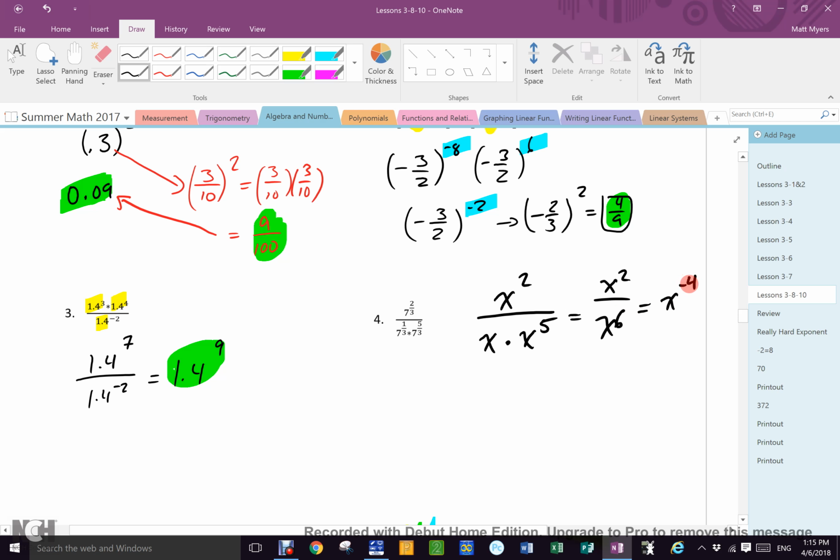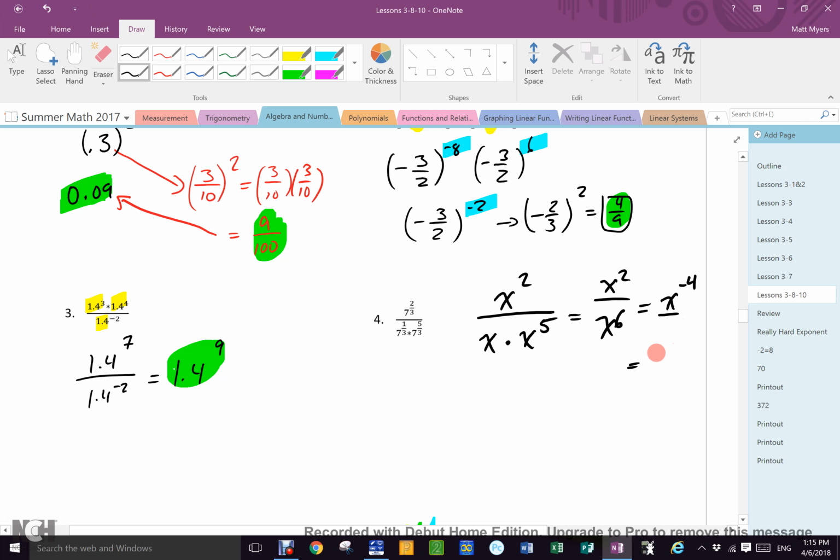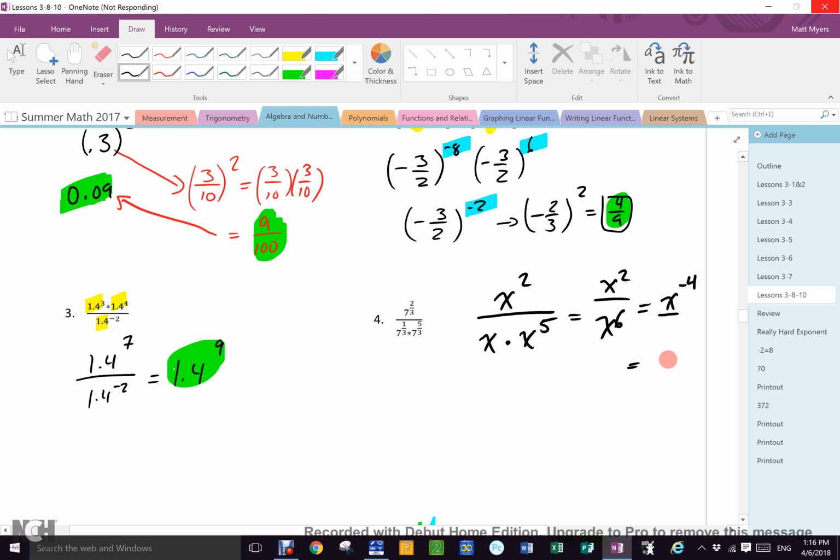And since that's x to the negative 4, that's really x over 1, right? So really, that's x to the negative 4 over 1.